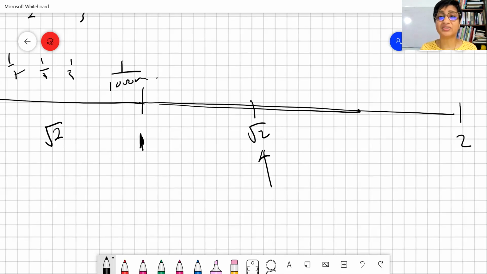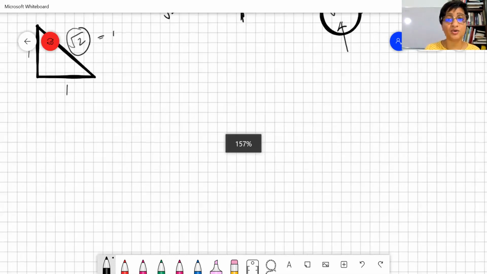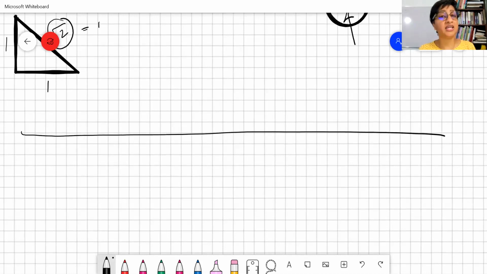The line that we thought was completely filled with just fractions turns out to be actually very empty. It is mostly filled with these type of numbers, irrational numbers. Anyway, so irrational numbers came in. Now this number line is completely filled.